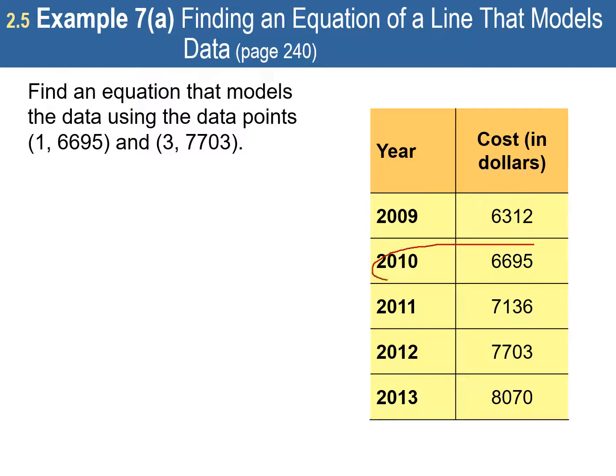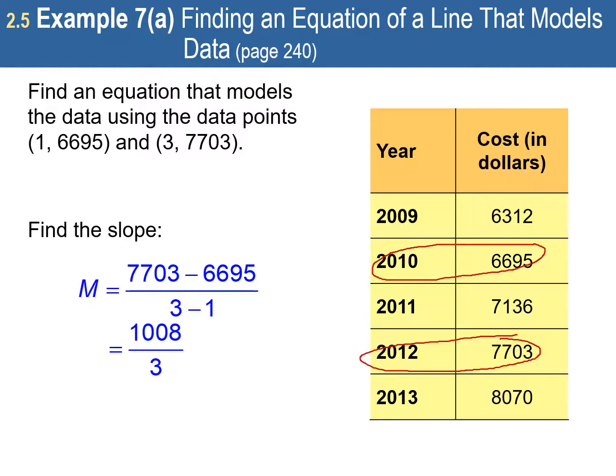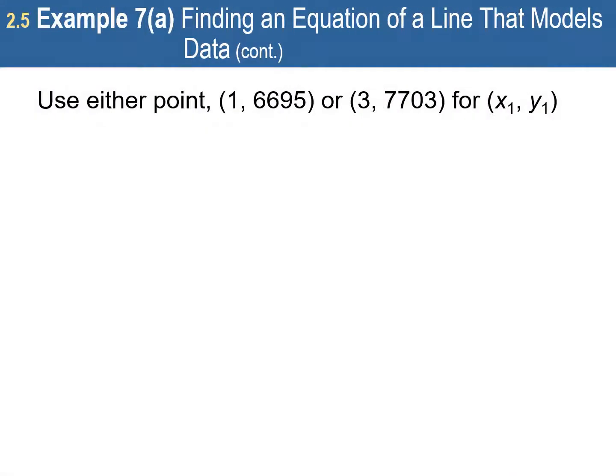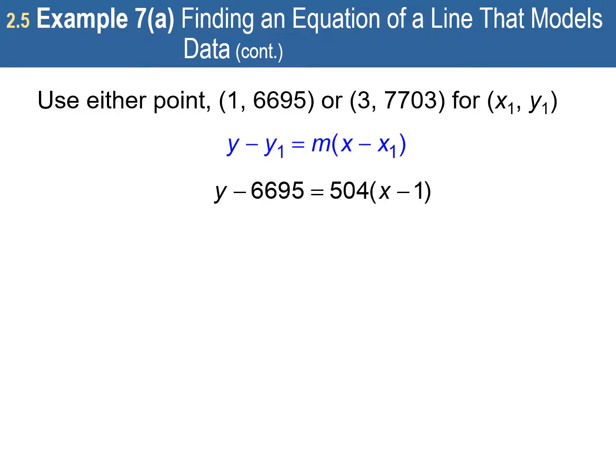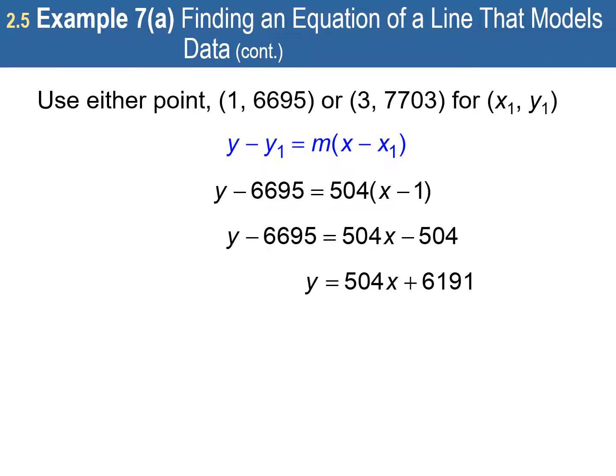So we're picking the data that goes through those two points, and we're going to approximate it with a line. So we find the slope. It's 504. And then we can pick either point for x1, y1. When we do that, we get y = 504x + 6,100.